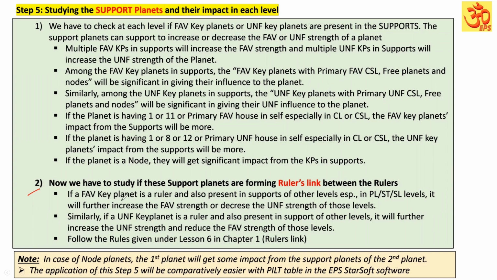If a favorable key planet is a ruler and also present in the supports of the other levels, that is, in the planet, star lord, sublord, importantly primary levels, it will further increase the favorable strength or decrease the unfavorable strength of those levels. I will explain with an example.